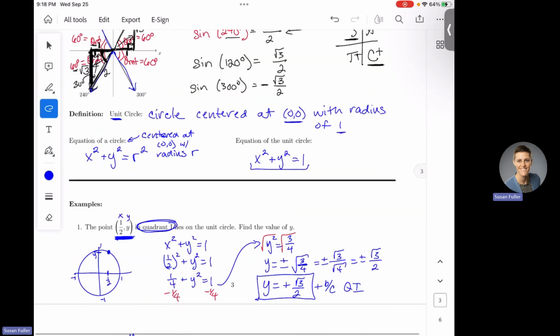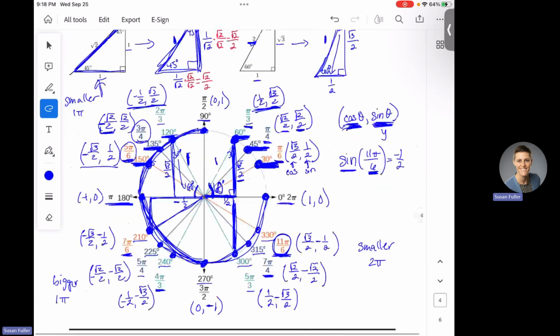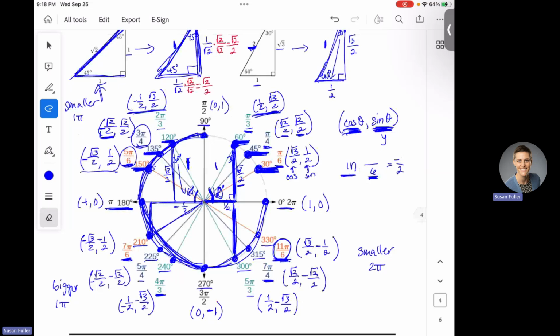So I'm going to add that to our unit circle down here and make a note to myself: the tangent of theta is Y over X. Sine is my Y value, cosine is my X value, tangent is going to be Y divided by X.